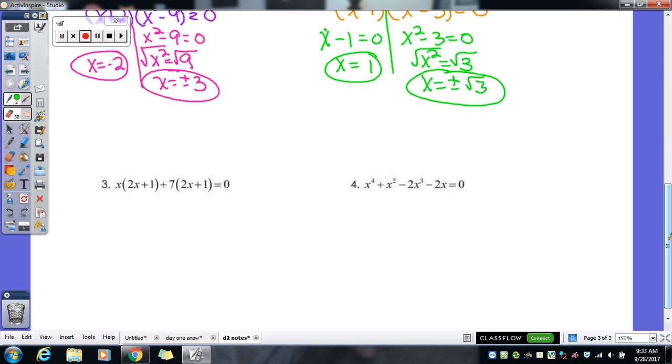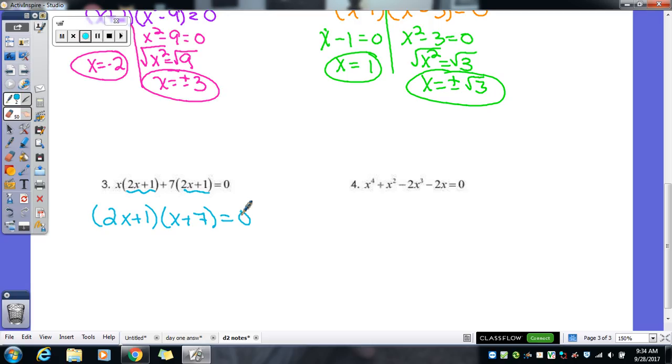Now the third one, they've actually already started your grouping for you. They did that first part already. So if you look at your 2 parentheses, those are the same. So I pull that out in front. And my second parenthesis would be the x plus 7. So they already started the grouping for you.